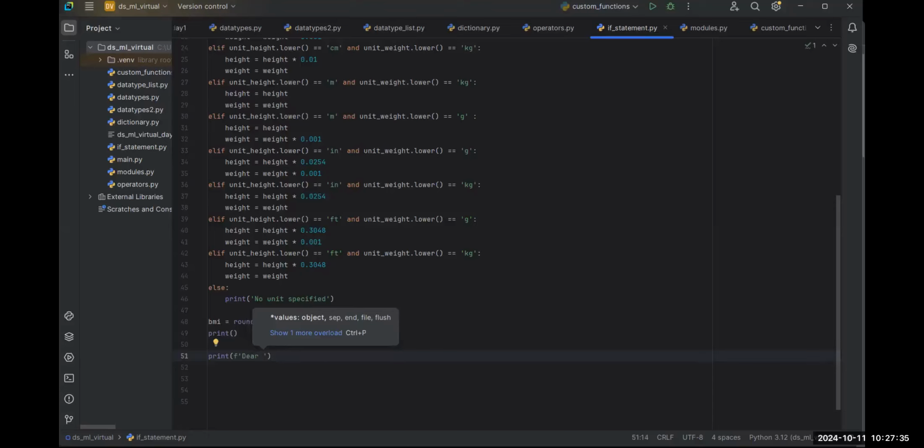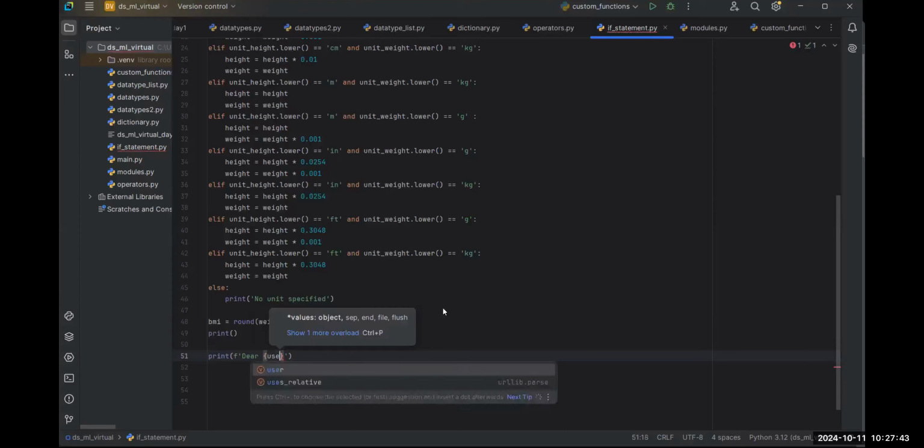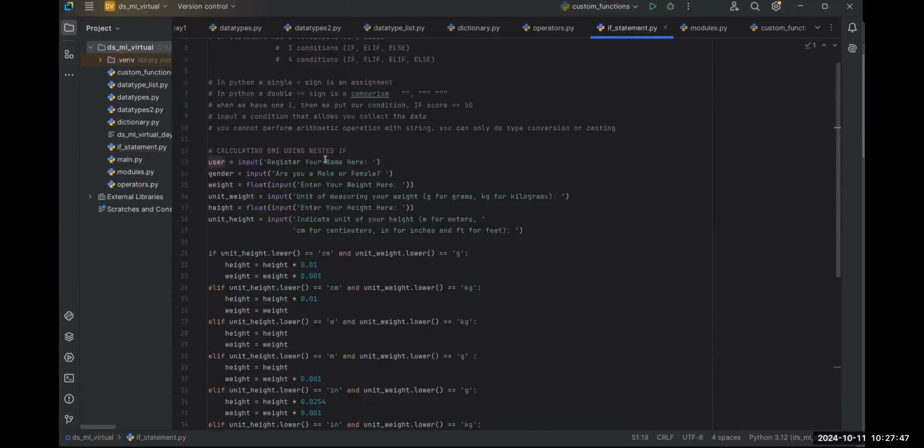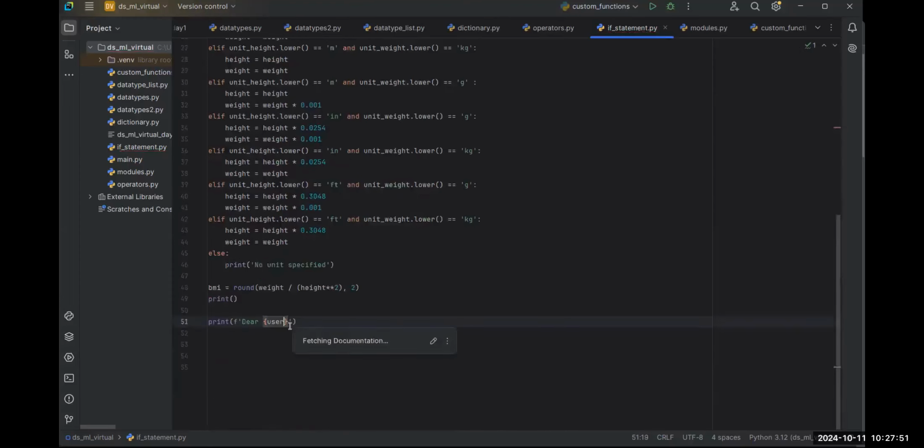Now, we are using the knowledge of concatenation to bring in user, because we have said that the users should input their names. So we are saying dear user, comma, and then let's have a line break so that it will be in the next line. Line break here. We also asked them to input their height.